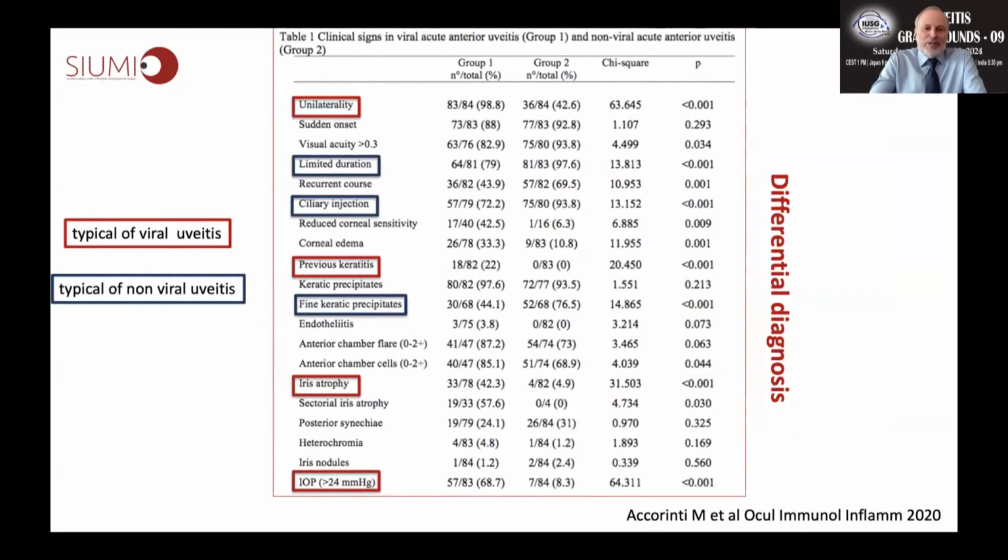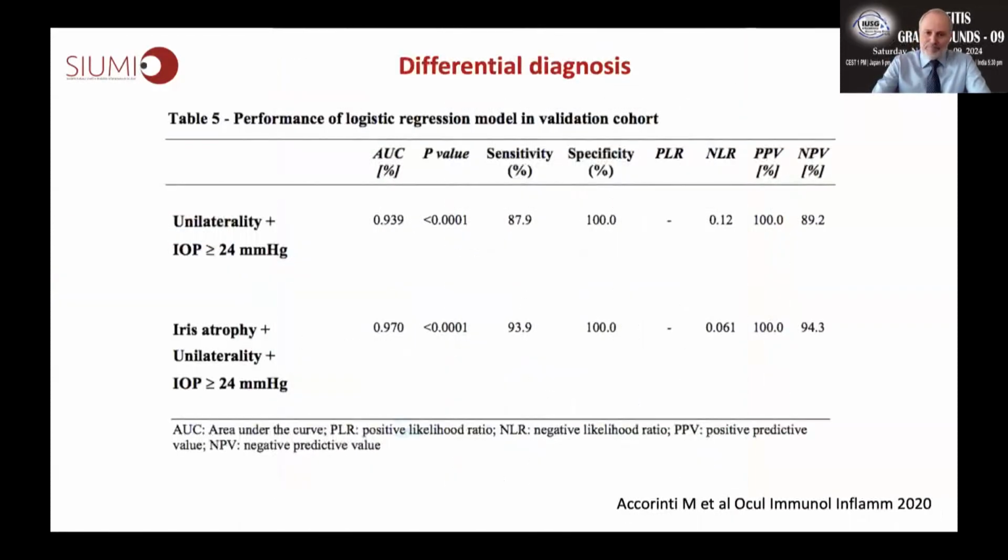We did a study some years ago with Dr. De Geronimo, and we found that unilaterality, a previous history of keratitis, iris atrophy, and IOP higher than 24 millimeters of mercury are strongly associated with a viral etiology of your acute anterior uveitis, while a limited duration of uveitis, ciliary injection, and fine keratic precipitates are more typical of non-viral uveitis.